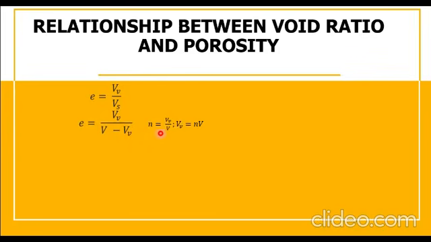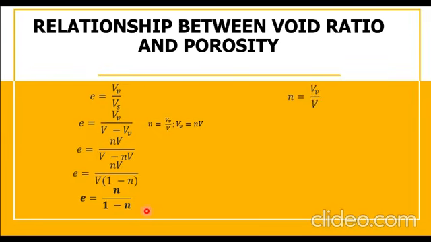And we know that n is equal to Vv over V, and Vv therefore is equal to nV. If we substitute that in the formula, Vv here will be nV and Vv here will also be nV. Then this will be equal to nV over V times quantity 1 minus n. If we cancel V here, it will be equal to n over 1 minus n.